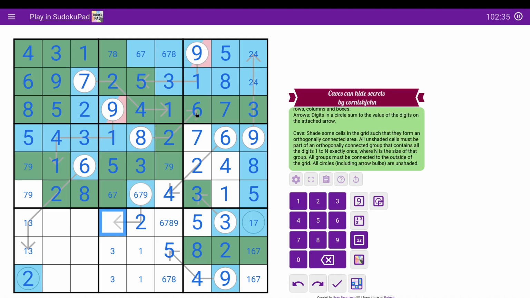So this is 4, 5, or 7. That's not 5. Not 7.